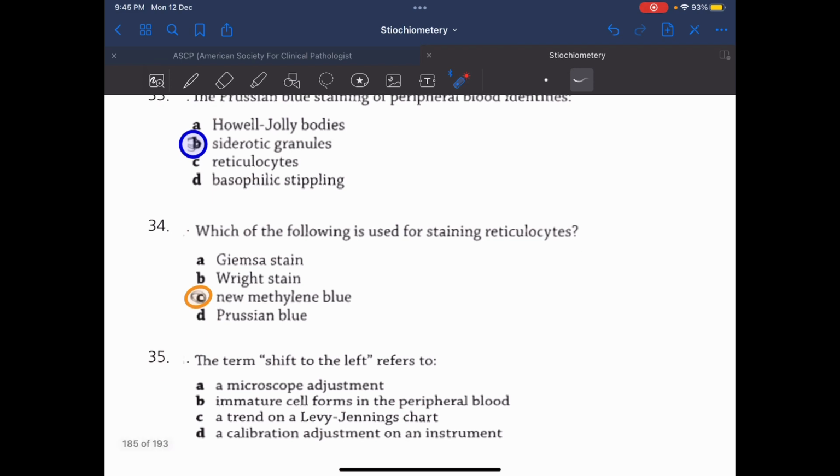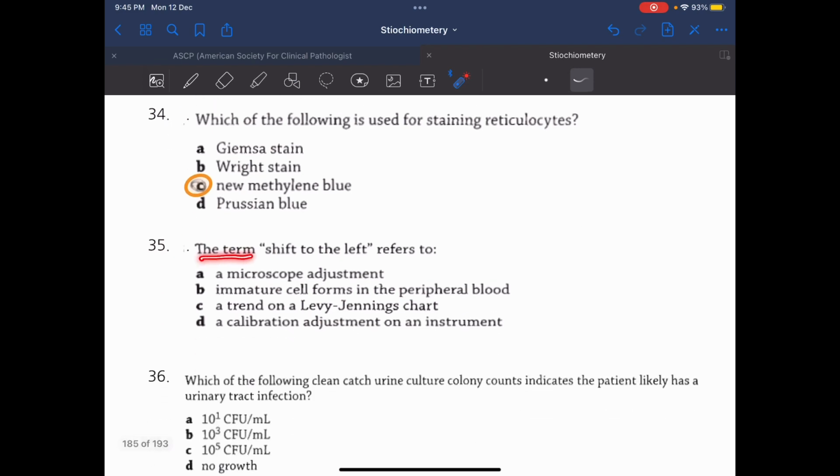Question 35. The term shift to left refers to a microscopic adjustment, mature cell forms in the peripheral blood, a trend on Levey-Jennings chart, a calibration adjustment on the instrument. The correct answer is B. Immature cell forms in the peripheral blood.